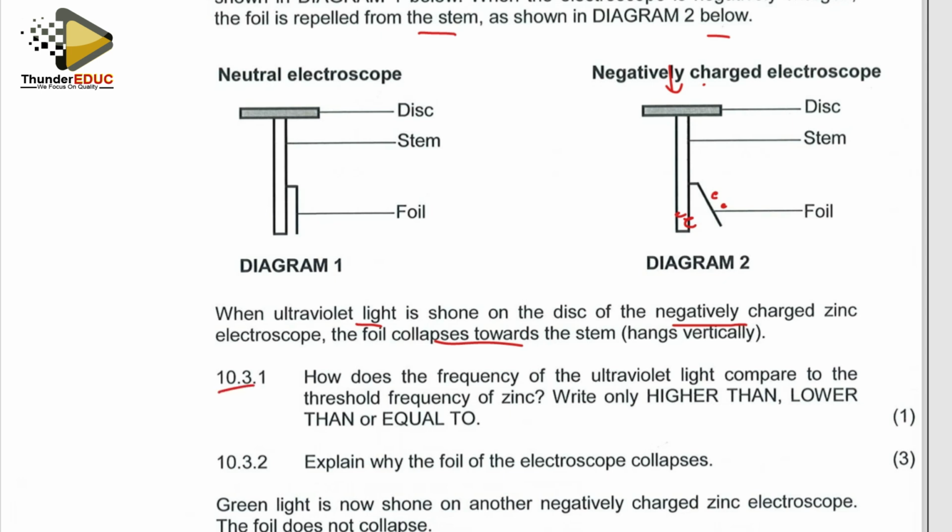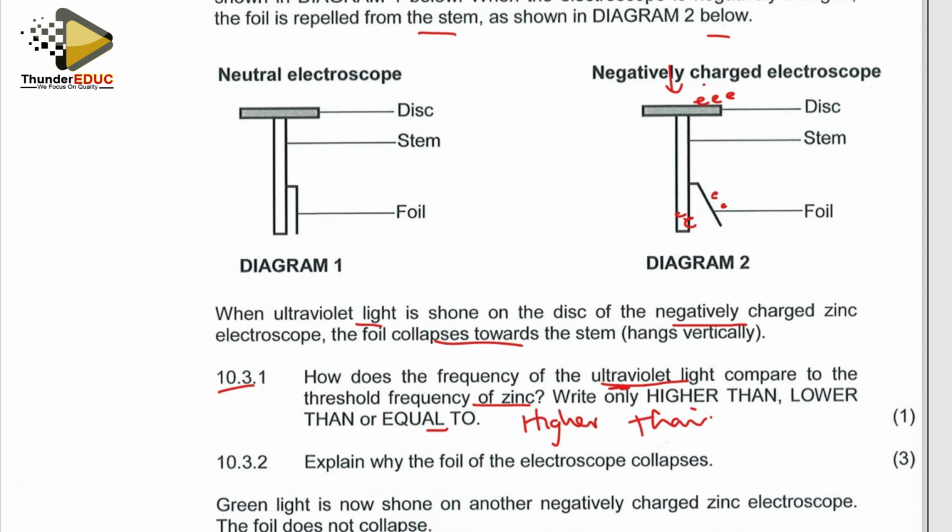Then the question is, how does the frequency of ultraviolet compare to the threshold frequency of zinc? Is it higher than, or lower than? Now, the fact that this light removes some electrons from the disk means the frequency must be greater, because it surpasses the threshold. So we're going to say higher than.